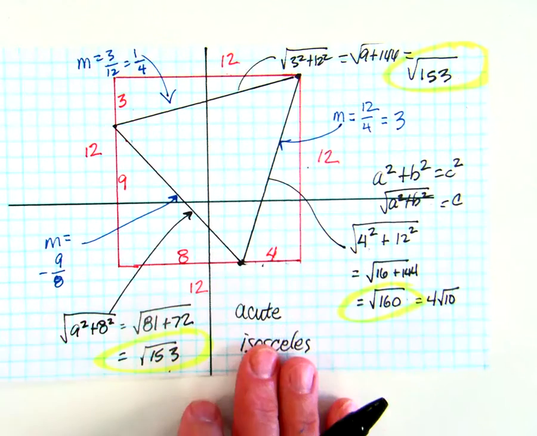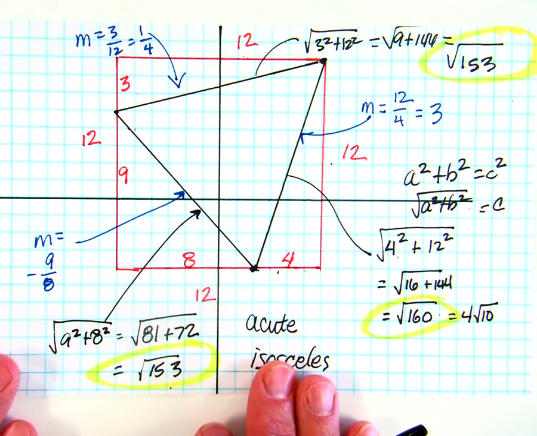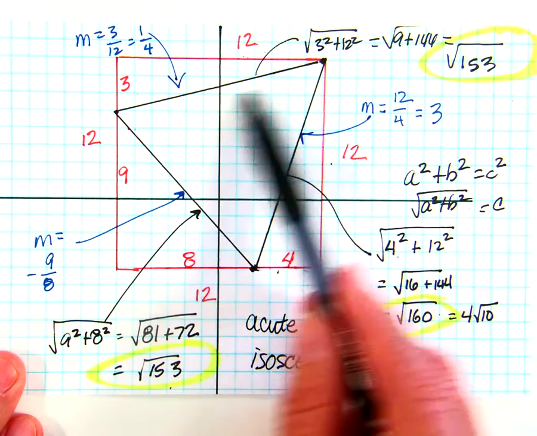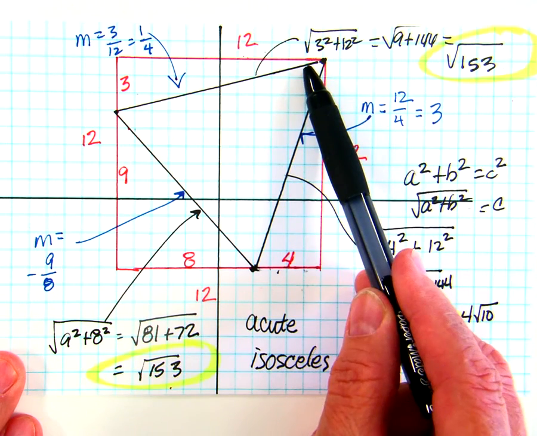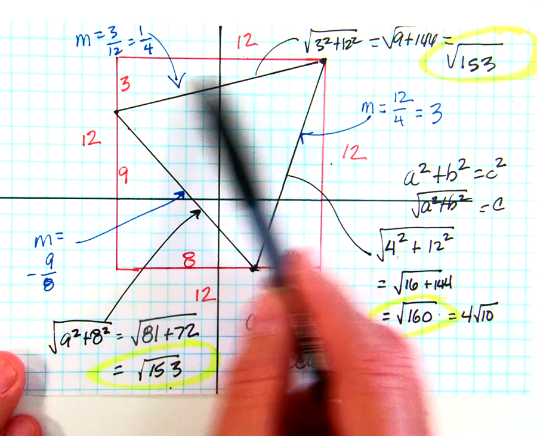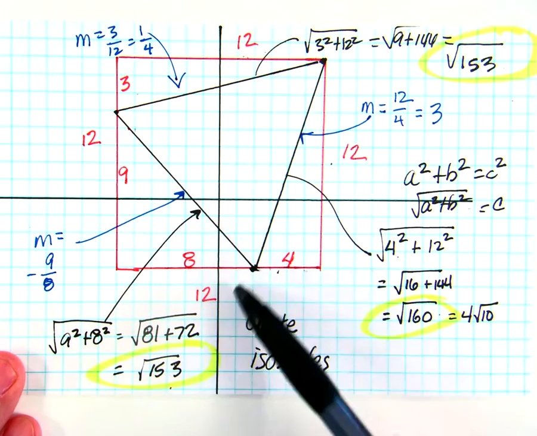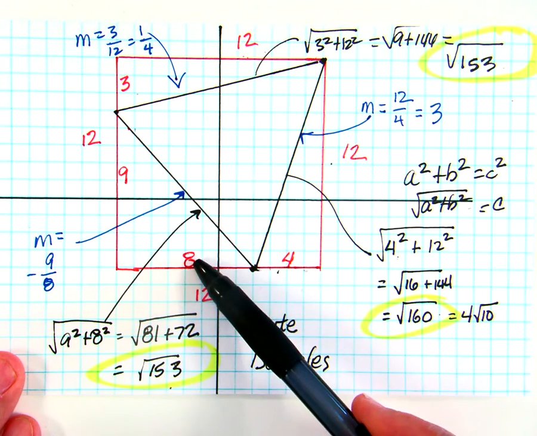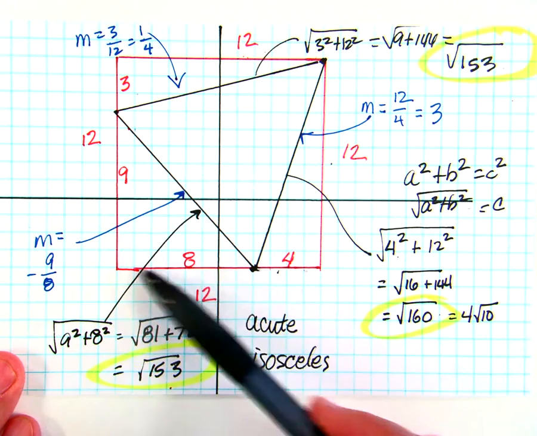This one is a little bit more problematic, so you'll be aware that this sort of thing happens. Here, the top line length is the square root of 153. Its components were 3 and 12. Down here, this one is also square root of 153, and it was 8 and 9 for the components.